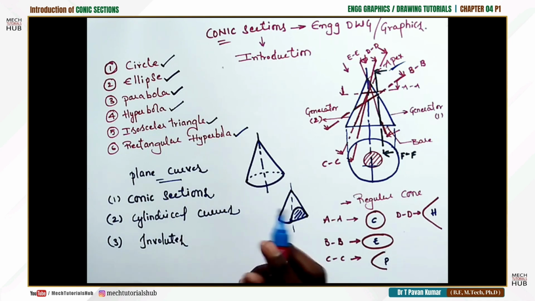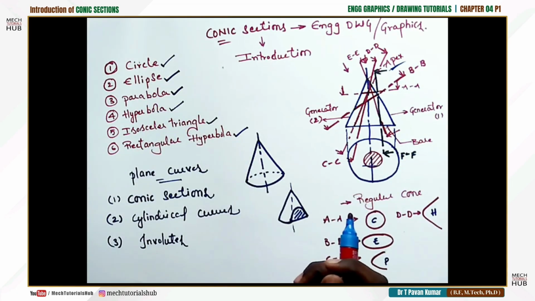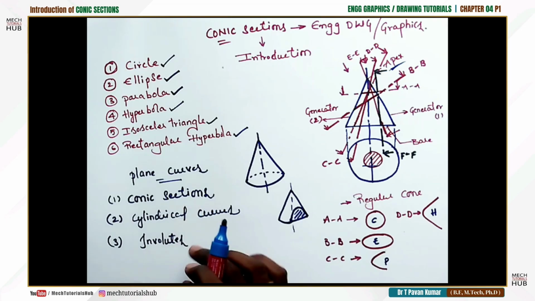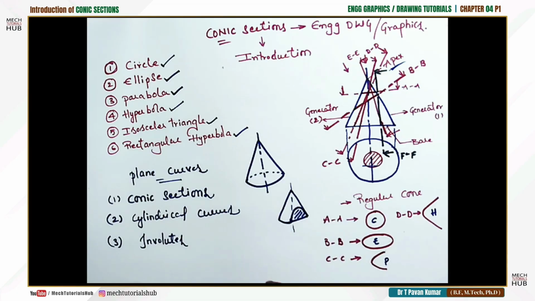We are going to discuss all these types also in the upcoming lectures. Conic sections are nothing but the sections whatever we have discussed, and cylindrical curves, and also the involutes. These are very much important when it comes to engineering drawing basics before moving on to projections. This is all about the introduction related to conic sections. If you have any queries, you can comment, and thank you for now.